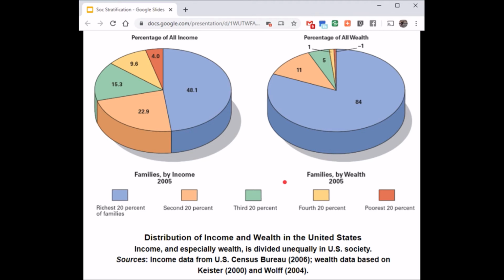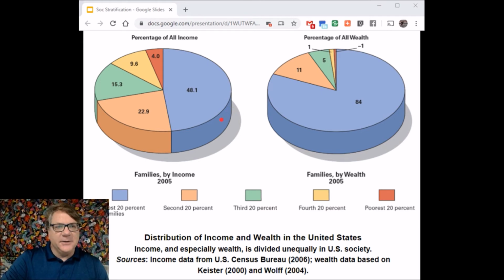Okay, so what I want to point out to you is some things we're going to look at here. Let's look at the pie chart on percent of all income. So this is what inequality looks like, okay? Because if this was equal, then the pie would have equal slices, right?